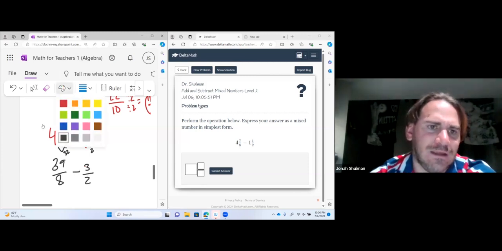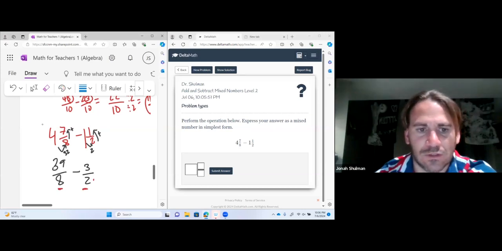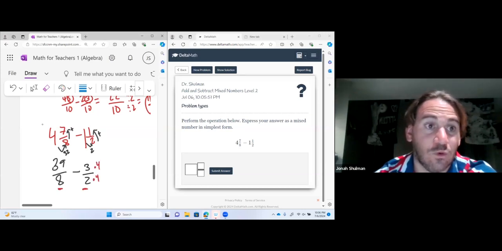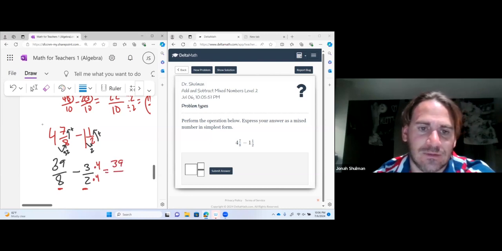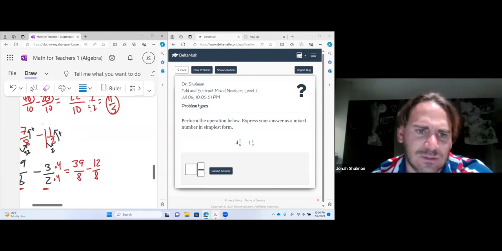So notice that right away I got an 8 and a 2. So instead of multiplying both of these, I'm just going to multiply this one by 4 so they match. So it's really 39/8 minus 12/8, and 9 minus 2 is 7. So it's 27/8.